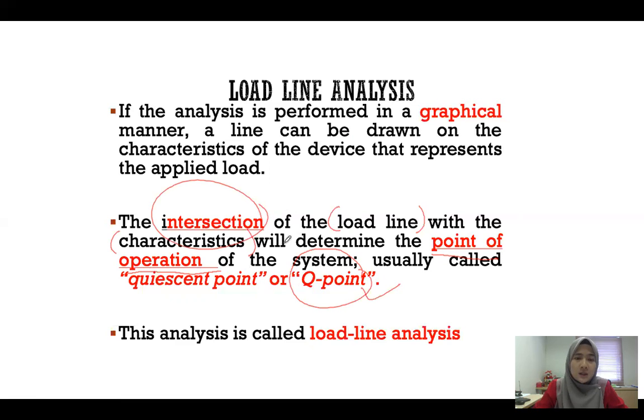This is the intersection of the load line with the characteristics, and the characteristics are the VI characteristics that you have learned previously in chapter 4 part 1. All of this analysis is what we call the load line analysis.